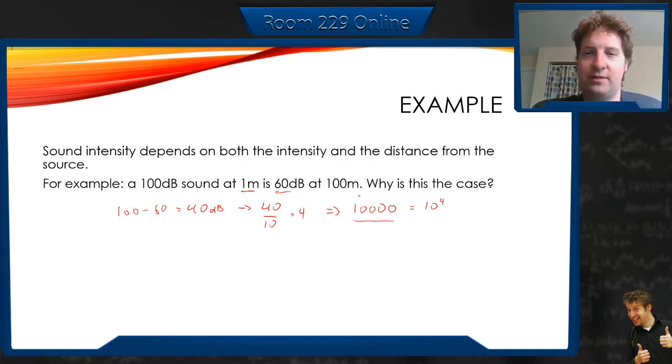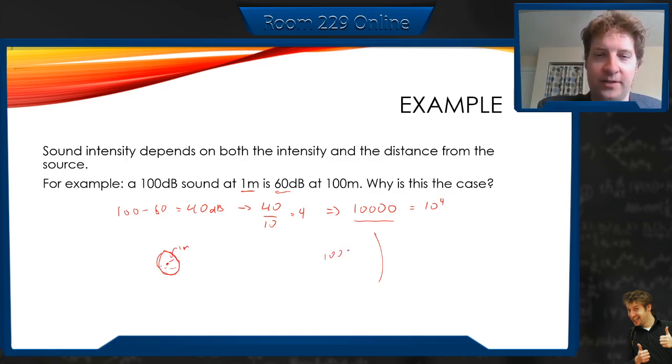Now, where does that 10,000 come from? Now, let's think about sound. Remember, sound is going to be emanated from a source, and it's going to come out in some sort of a sphere, right? And then this is the sphere of influence, let's say, for my sound, and that's at 1 meter to begin with. But once it gets to a much larger distance of 100 meters, that sphere has gotten much, much, much bigger.